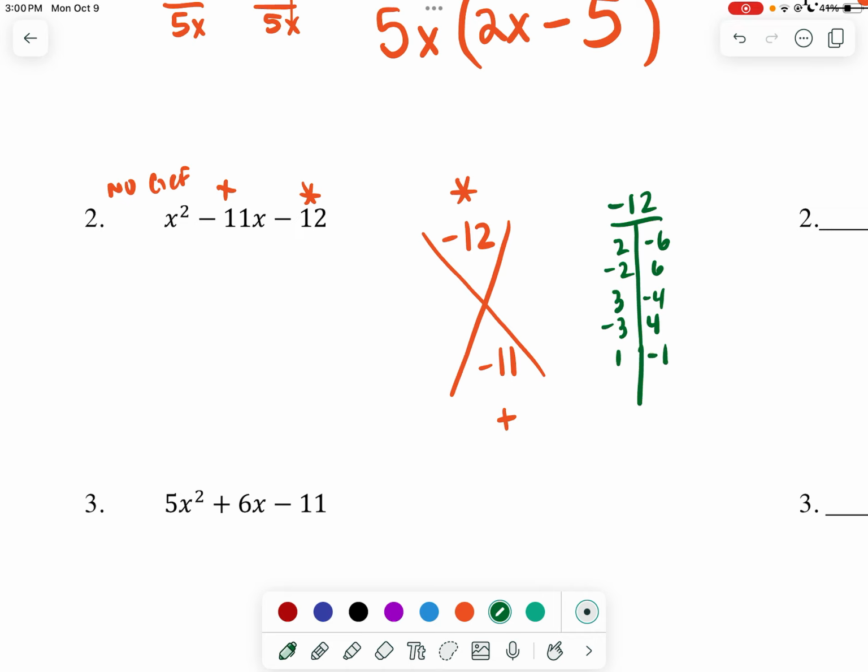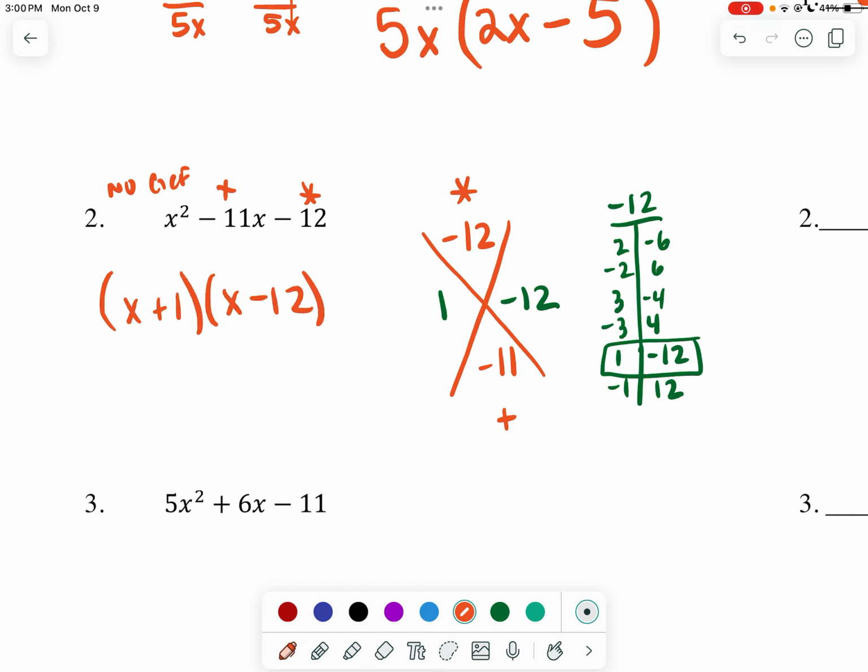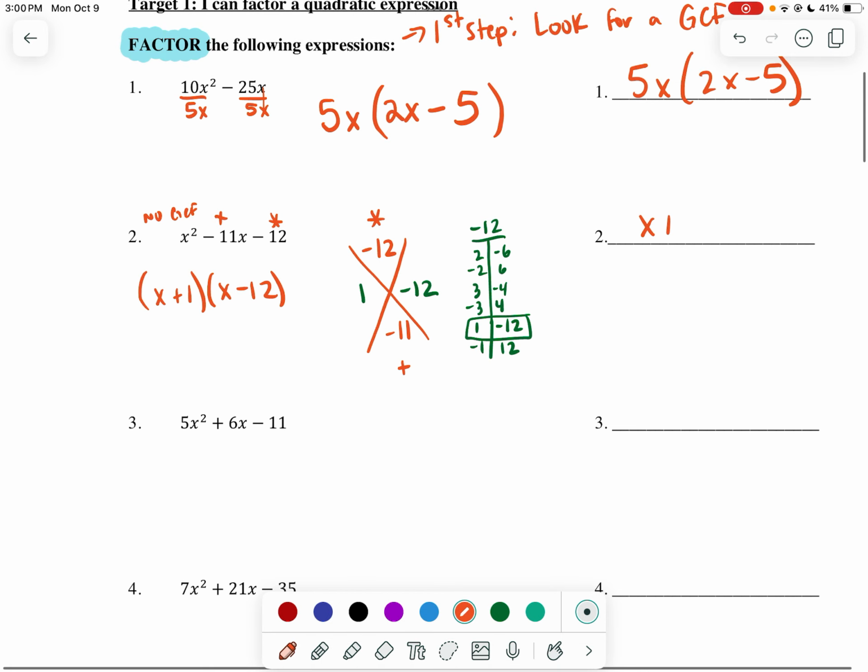So now I go to either 1 and negative 12, or negative 1 and 12. Think about which one of those would add to negative 11. You can grab your calculator, you can try it out, but it would be 1 and negative 12. So I write my factors as x plus 1, x minus 12, and that's it. Don't solve it, it's just factor.